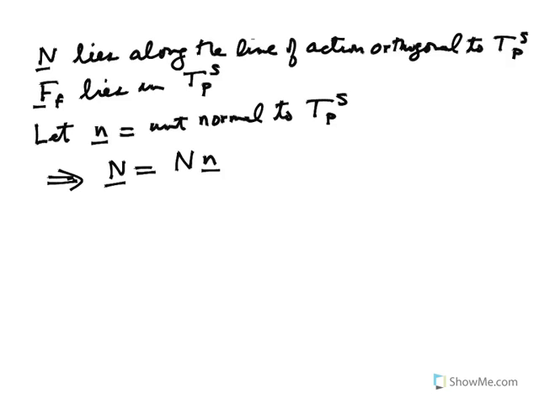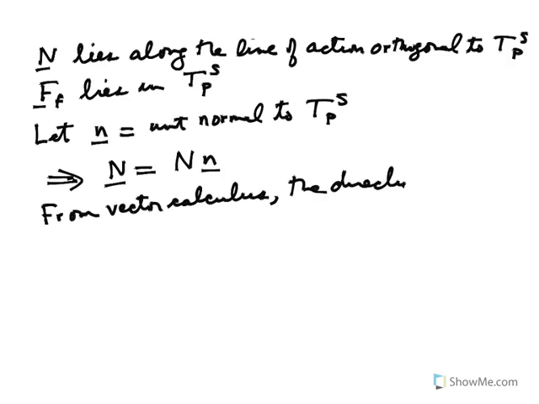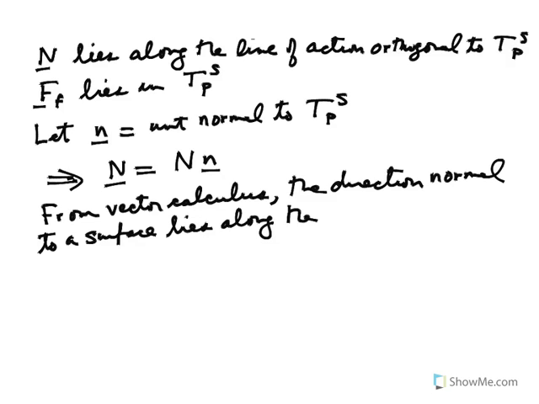So from vector calculus, the direction normal to a surface lies along the gradient of the function that describes the surface.